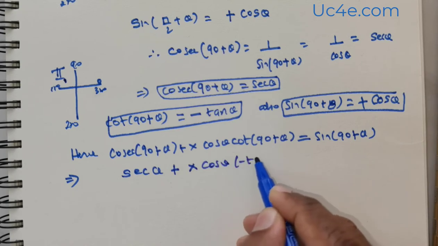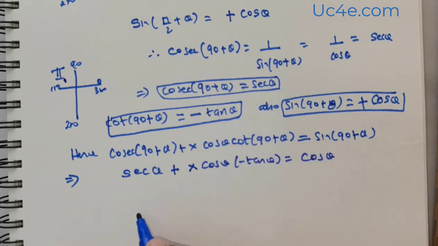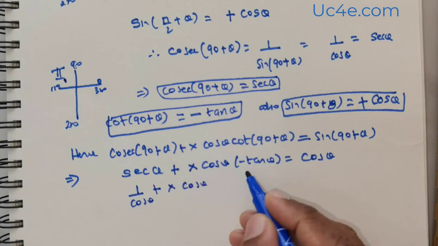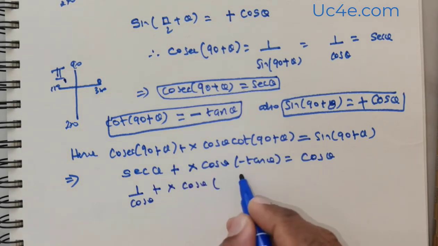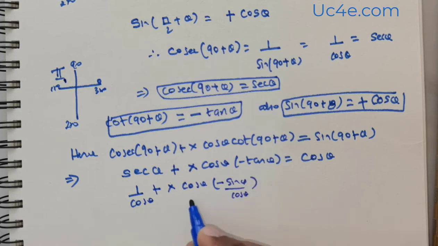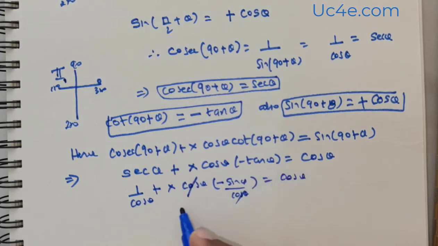This is going to be negative tan theta. This is going to give me cos theta. Secant theta is 1 over cos theta plus x times cos theta. I'm going to write tan theta as sine theta divided by cos theta. So that would mean cos can be cancelled, giving me cos theta.